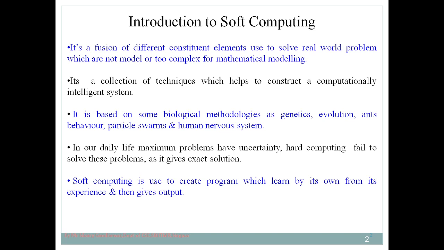Suppose somebody asks you whether Raju is honest or not. In that case you can give the answer in terms of yes or no. Yes, Raju is honest, or no, Raju is not honest. So hard computing is based on the concept of Boolean logic. In Boolean logic, you always have two possibilities: yes, no, true, false, or zeros and ones.